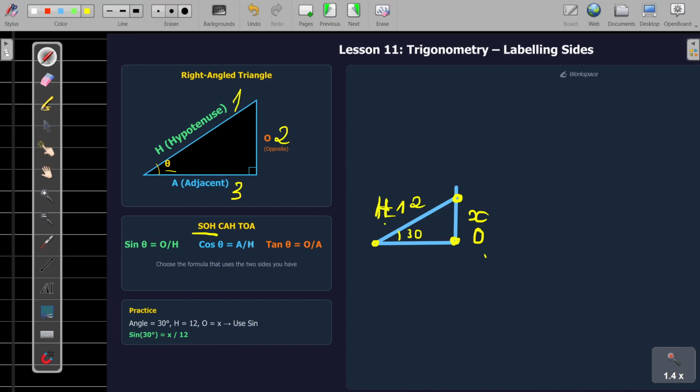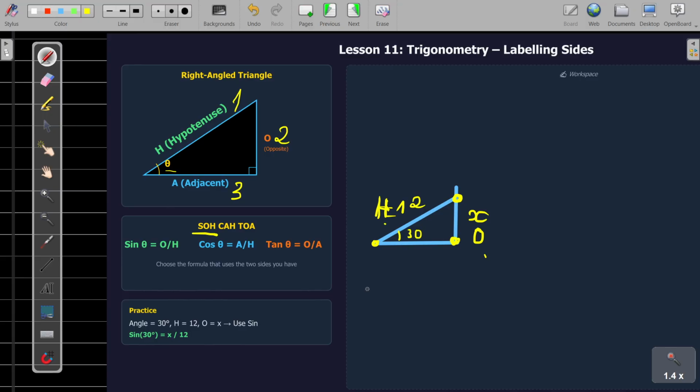So if we choose something like CAH, we only know H, but we don't know A. So just use SOH for now. We're going to use SOH because it contains two here. So we're going to use the sin formula.